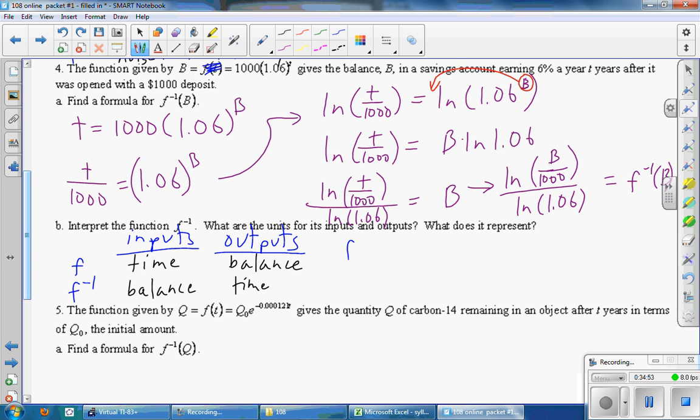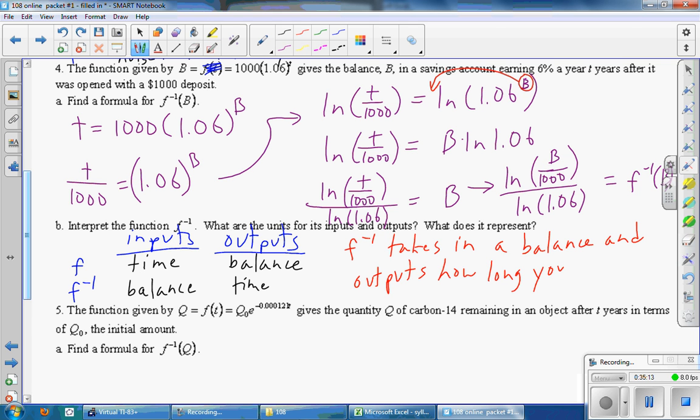So f inverse, let's see, takes in a balance and outputs how long you have to wait to achieve that balance.